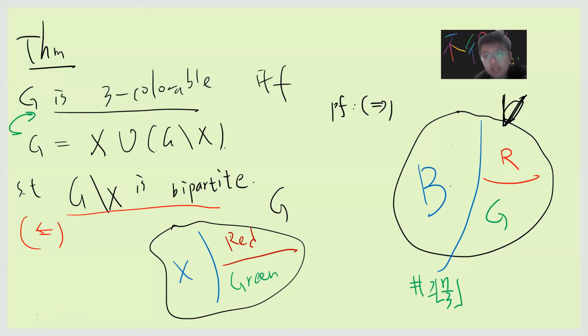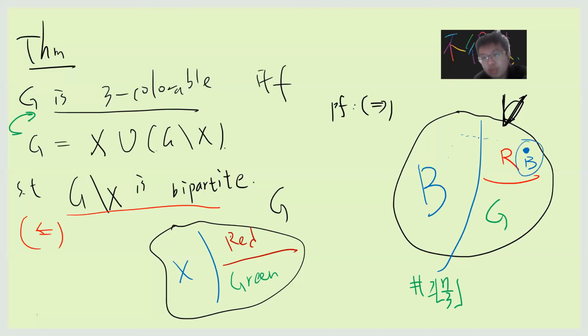If B is not the largest independent set, that means I can increase B. I can find some vertices that do not have incidence on B, so I can change these to B. Once I change these to B, all the edges connecting red and blue do not have a contradiction, and also green to blue, because they are different colors.